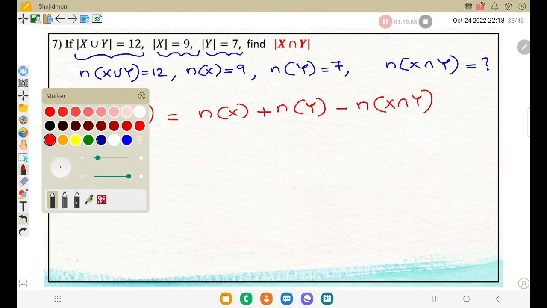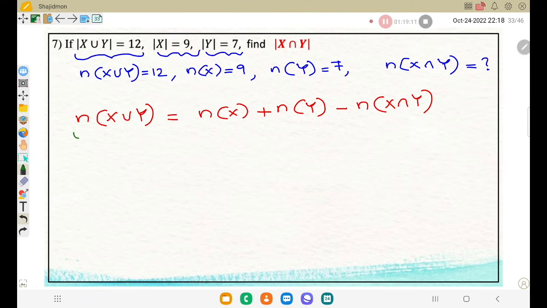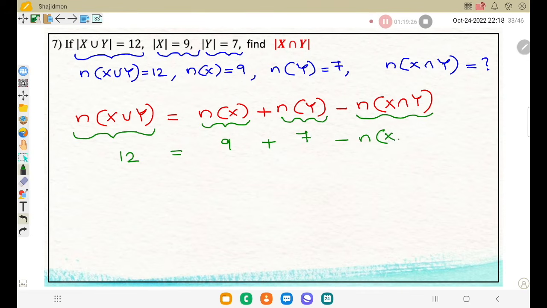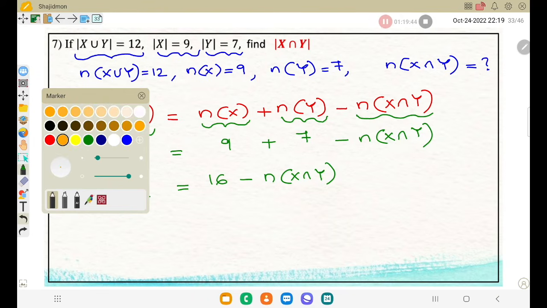Now apply the numbers given. 12 equals number of X, that is 9, plus number of Y, that is 7, minus number of X intersection Y, which we need to calculate. Now we can simplify: 12 equals 9 plus 7, that is 16, minus number of X intersection Y, correct?